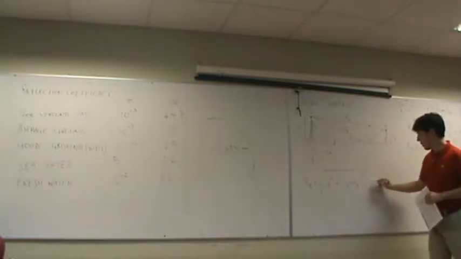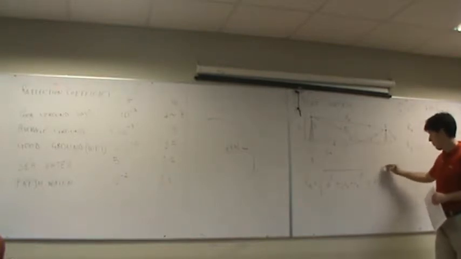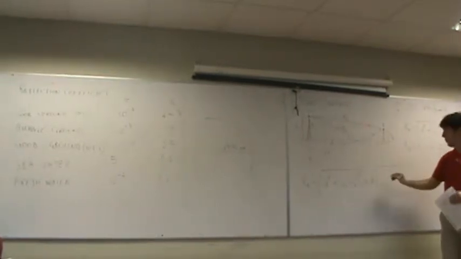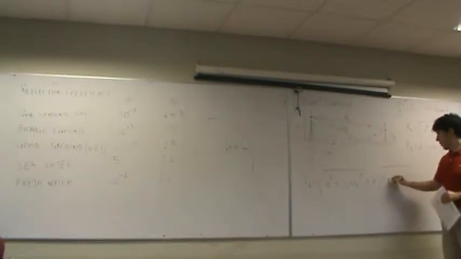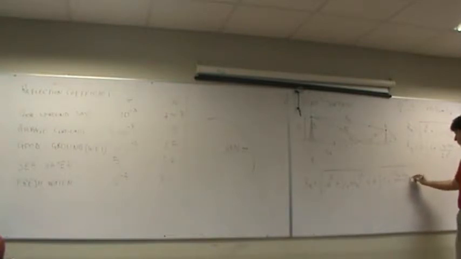So we can do the same thing we have done before. We take this square, we bring it out, divided by this square.